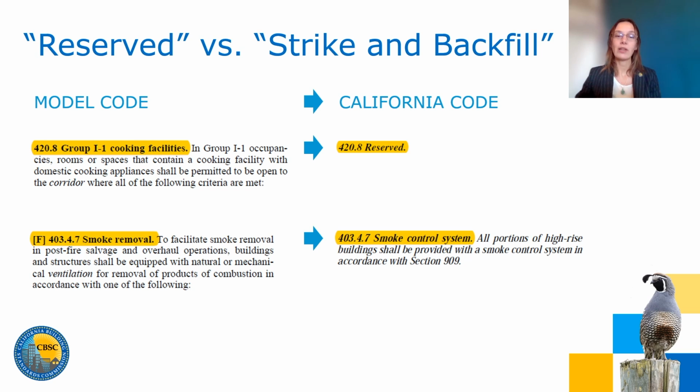Another way for California to continue using the model code section numbers is to strike and backfill, meaning replacing model text with California text. We can see how it's done in the second example here.